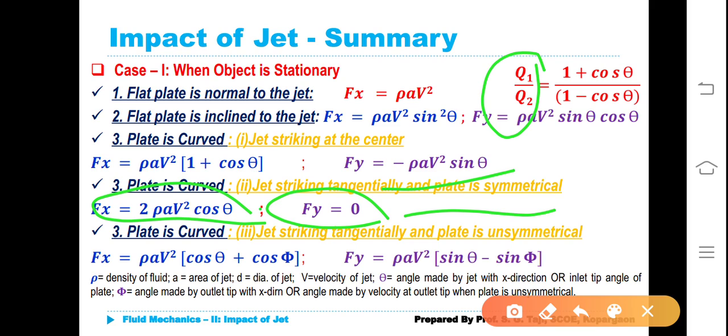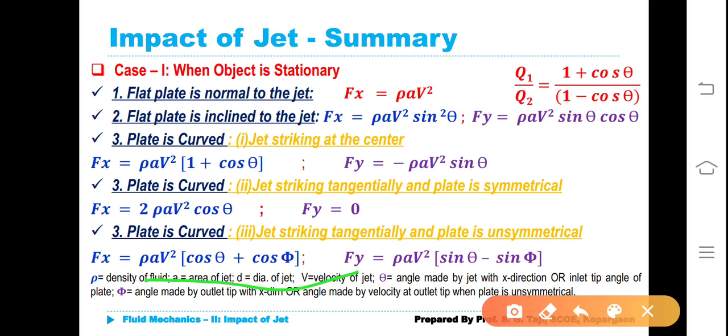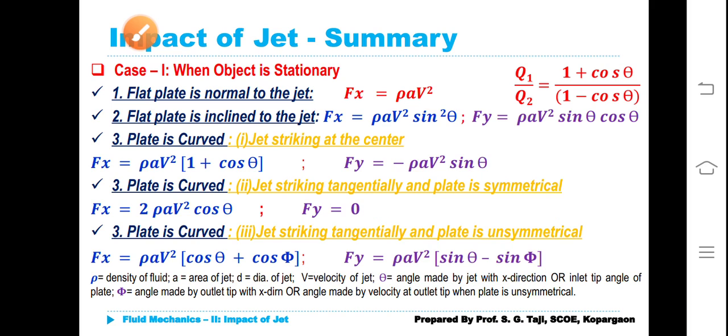In the other case, when the plate is curved, the jet strikes tangentially, but the plate is unsymmetrical, we got Fx equal to rho a v squared (cos theta plus cos phi), whereas Fy is equal to rho a v squared (sin theta minus sin phi). Is it clear?